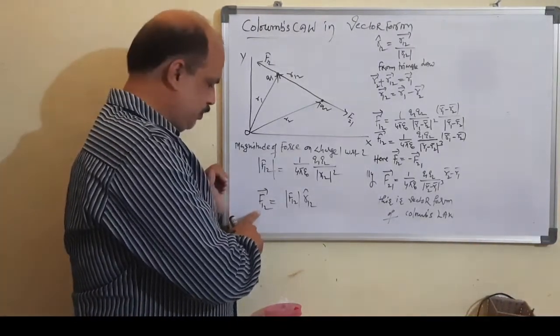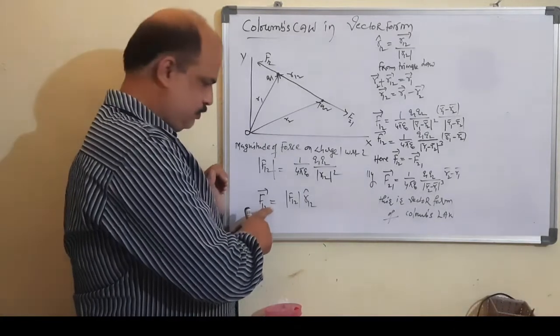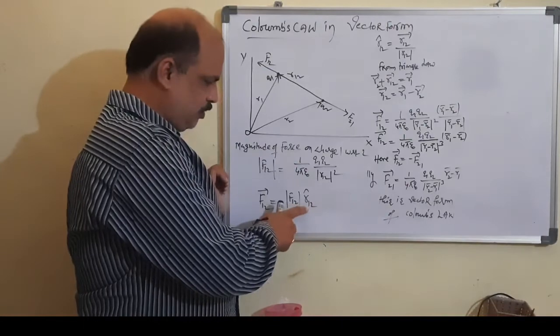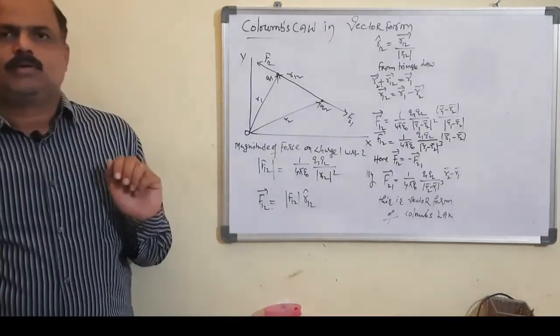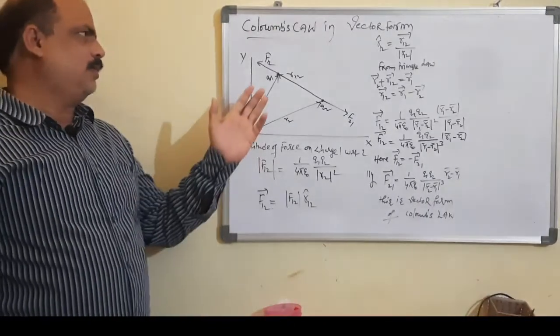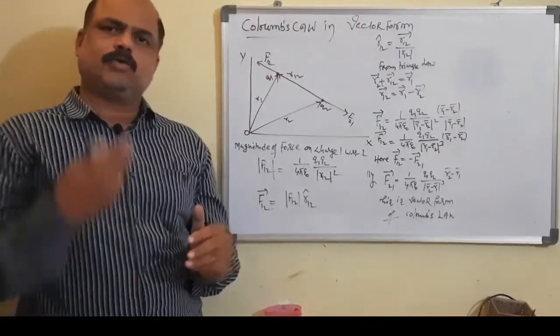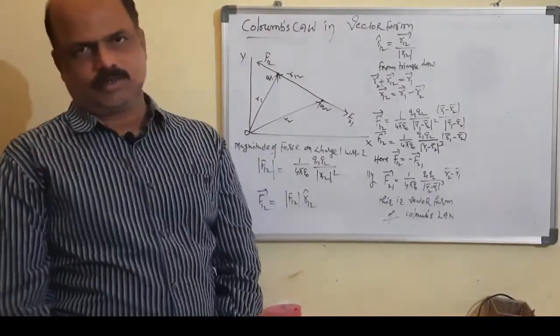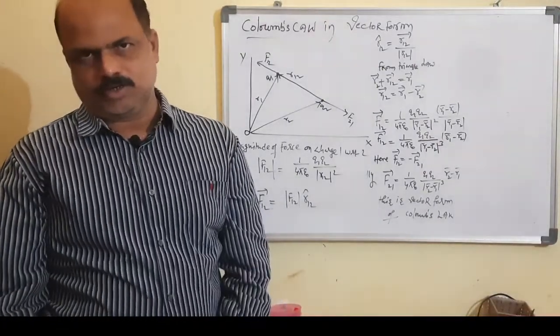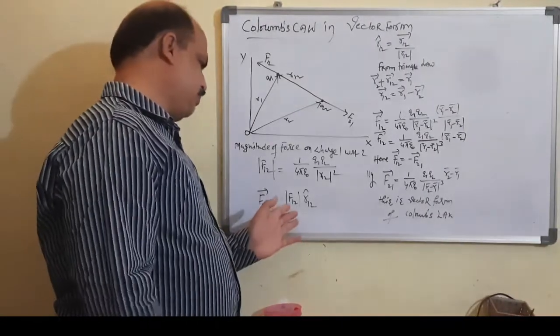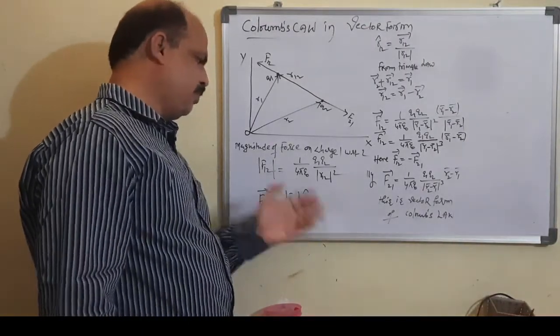F12 bar is equal to the magnitude of F12 into R12 cap. Already I told you F12 and R12 vectors are in the same direction, so their unit vectors are the same. So we can write F12 bar is equal to mod F12 into R12 cap.